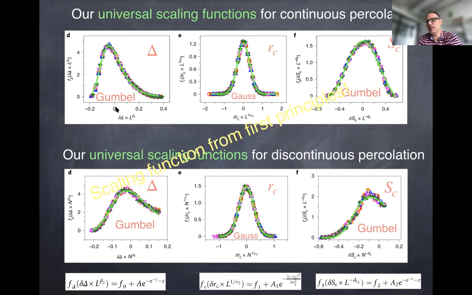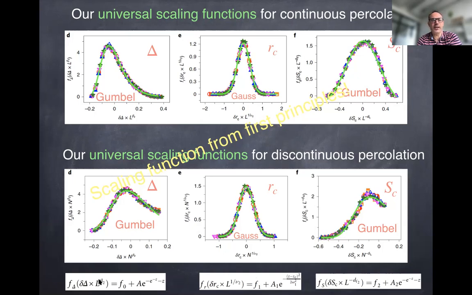And now we also have an analytical description of the scaling function for continuous percolation. But it's the same for discontinuous percolation, because that's the reason why we call it universal. So it's also a Gumbel function for discontinuous percolation, for this gap itself, but also for the order parameter, at least to certain approximations. And the position where the phase transition happens, RC, is in both cases Gaussian.